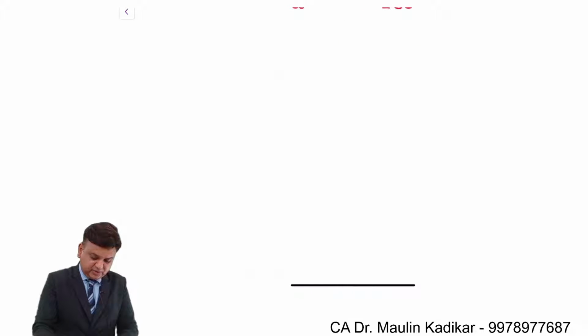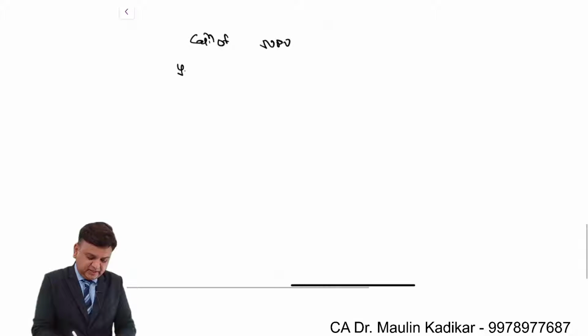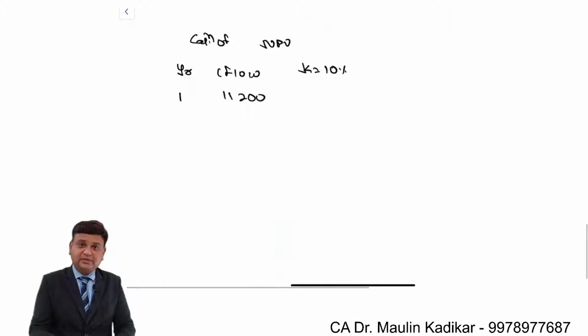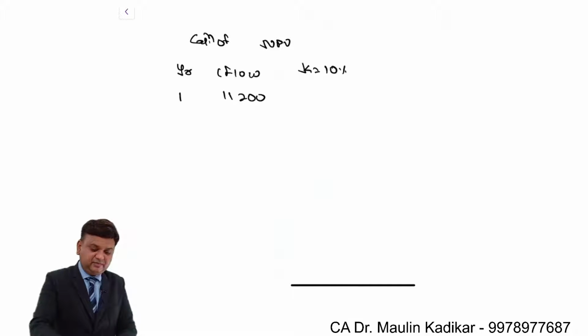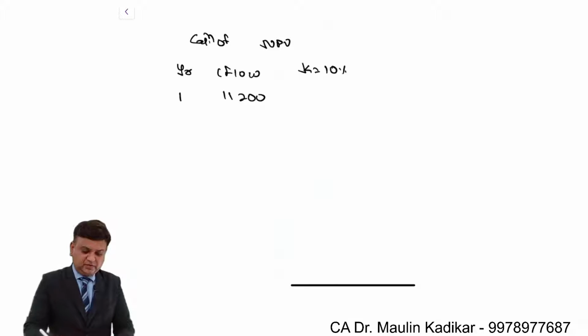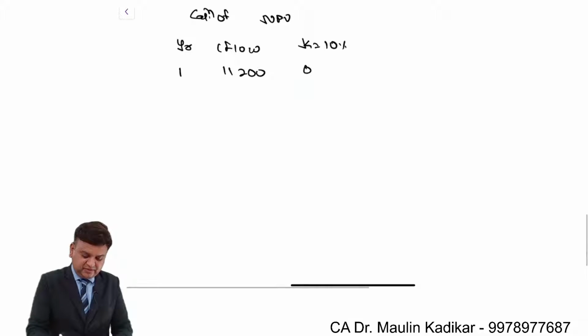Now, calculation of NPV. At first year end, the expected cash flow is 11,200, discounting at the rate of 10%. So 1 divided by 1.10, the first year factor is 0.9091.